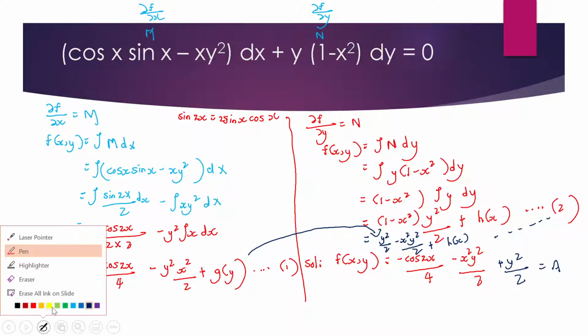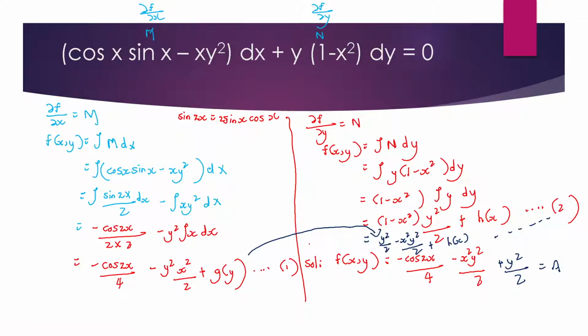So if you start from equation 1, your g(y) is y squared over 2. If you start from equation 2, the h(x) you obtain is negative cos 2x over 4.